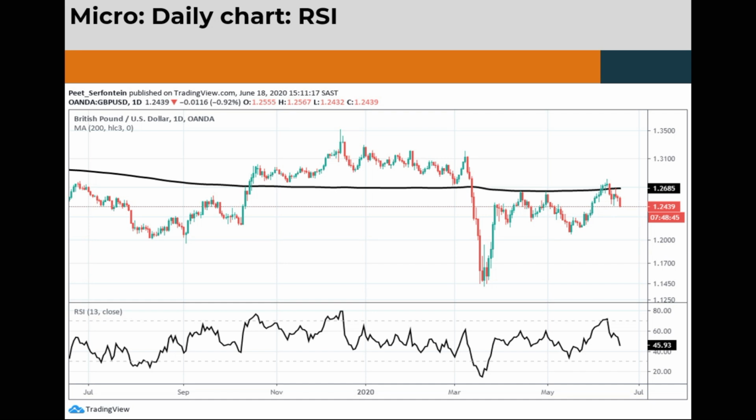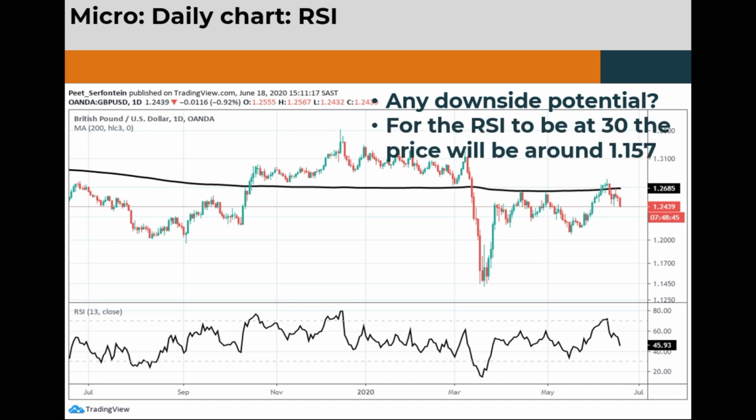Now the next typical question will always be, what's my downside potential? Because it doesn't help if I'm going to open a sell position now to mimic this trade and there's no downside potential. And therefore I will always suggest to look at the RSI, the relative strength index. Now what's the downside potential? For the RSI, remember the RSI works with a reading.